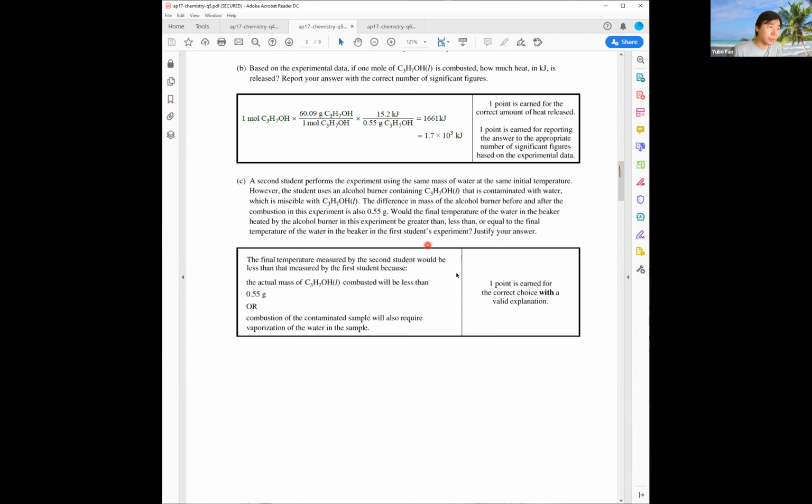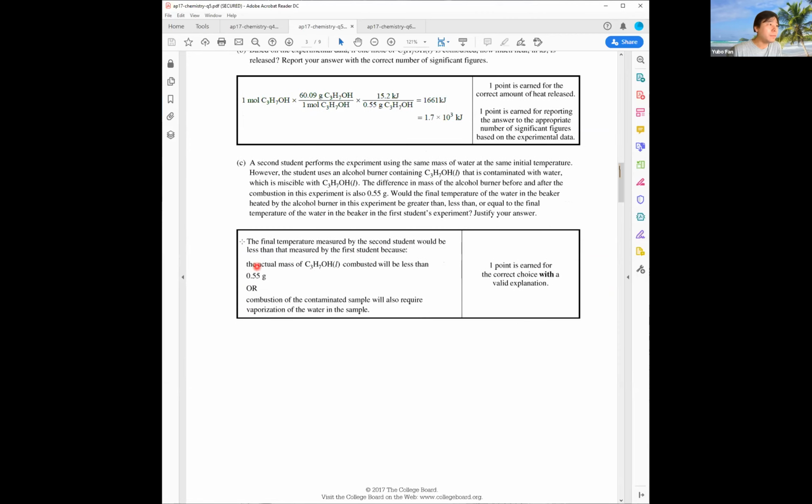I think this answer is wrong. But if we think more deeply, the second part will be better. So we still can say the final temperature measured by the second student would be less than measured by the first. We can see that the second explanation is a good one.